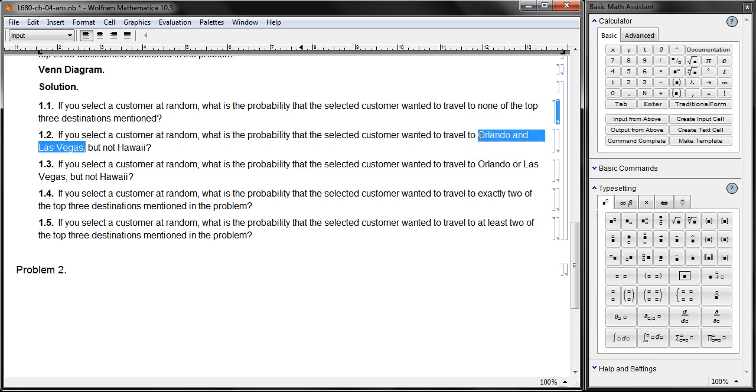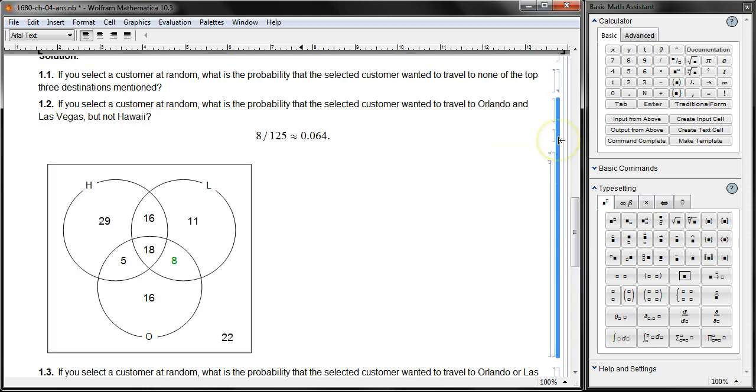Orlando and Las Vegas, but not Hawaii. What is that? Orlando and Las Vegas. Well, here we go. Orlando and Las Vegas means inside Orlando and also inside Las Vegas. That corresponds to this football where my mouse is moving around, but not Hawaii. So this 18 is inside Hawaii, so we have to go out.